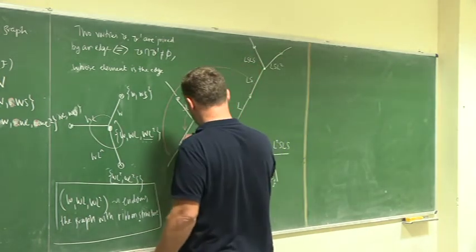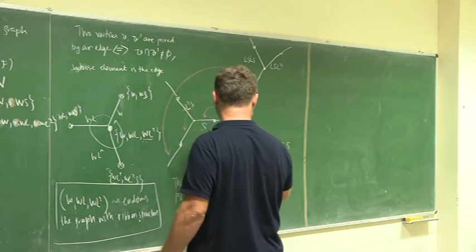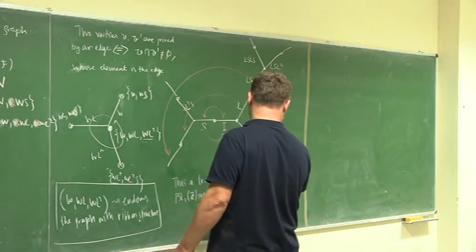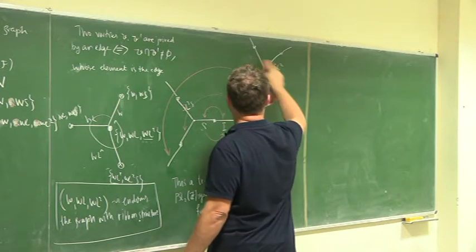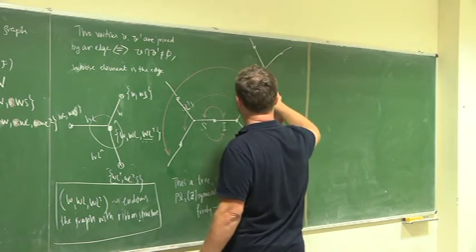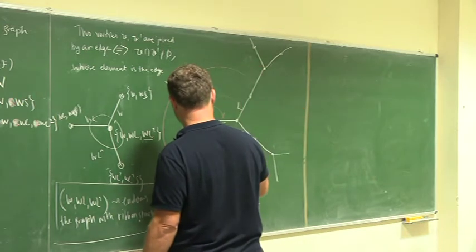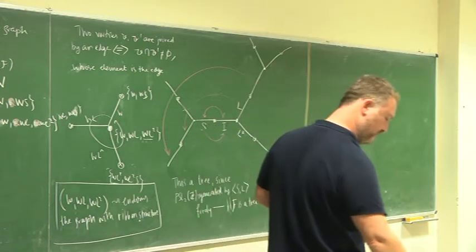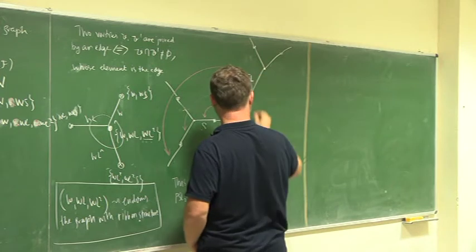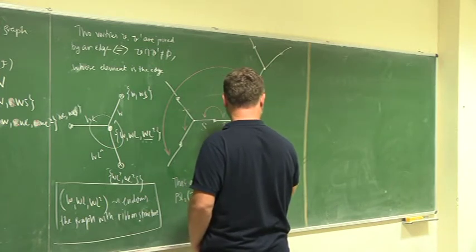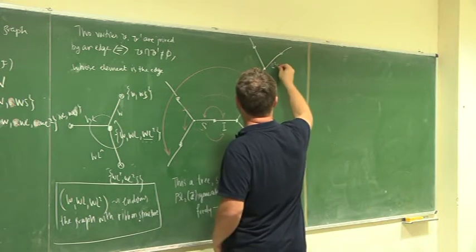So this is right. Up until now everything is correct. So this is S times L. This is S times L square. This is L square SL.